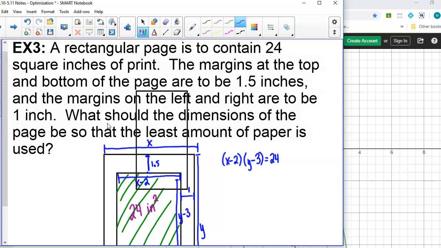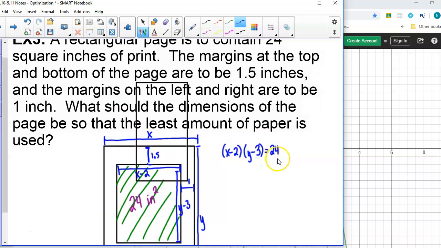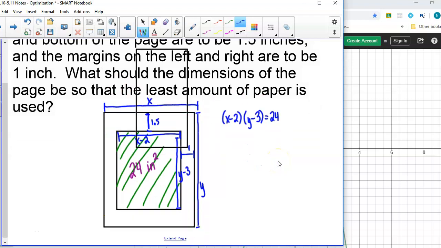Okay, yeah, we know this is true. Okay, what are we trying to minimize? I've done it here different than I did on my paper, and I thought I'd done it wrong, but I haven't. What are we trying to minimize?